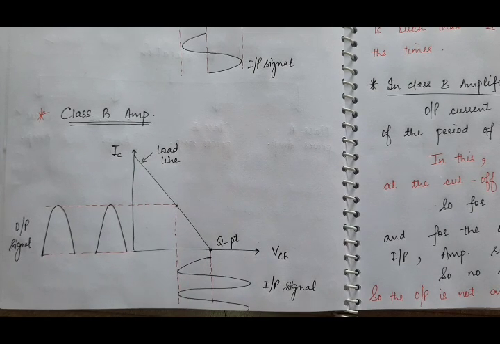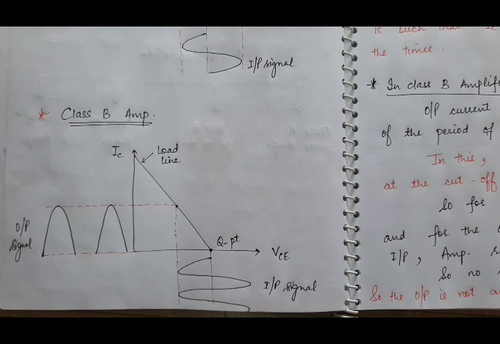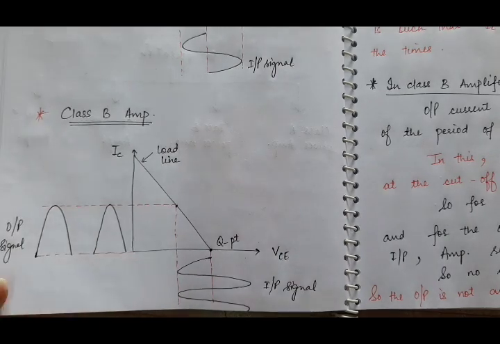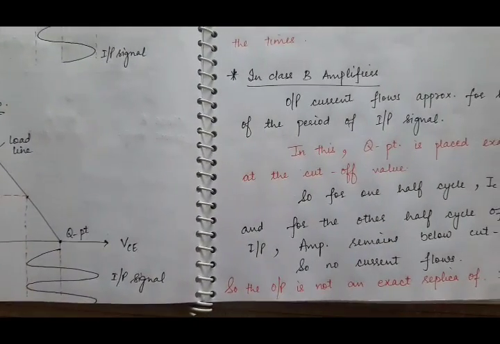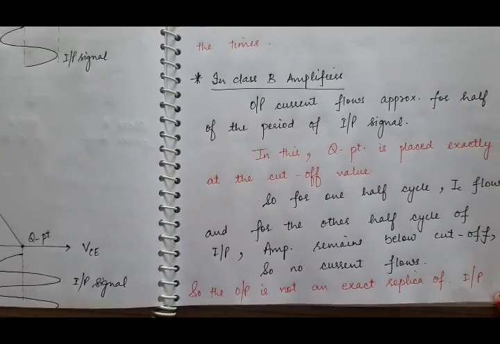So here the collector current flows only for one half of the input signal and it is 0 for the other half. So that is why the output signal is not an exact replica. So this is all about the theory of class B amplifiers. I have already told you.